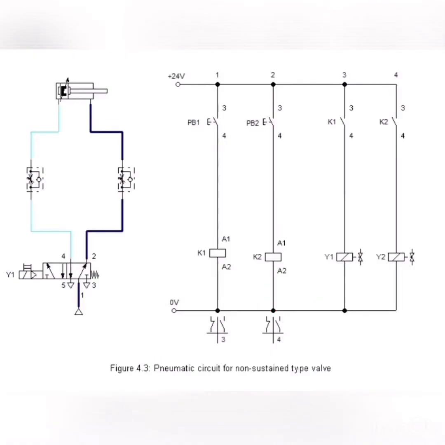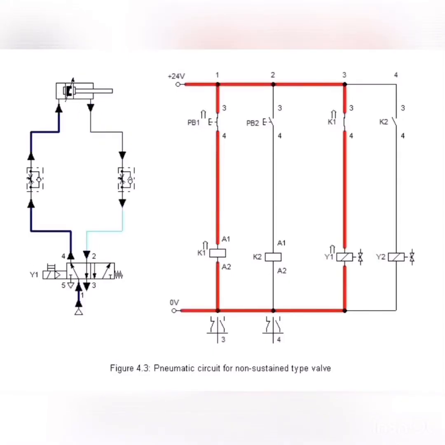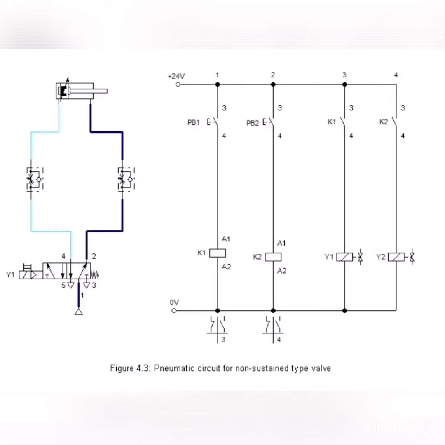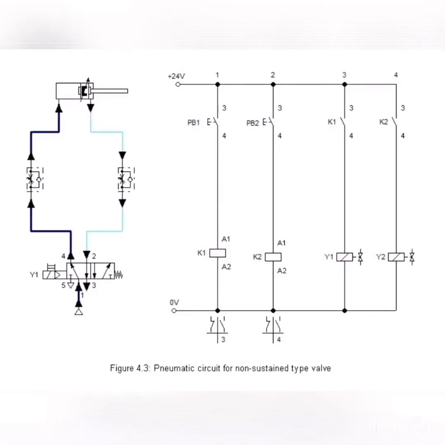When PB1 is pressed, the compressed air supply flows from the compressor to the 5-2-way valve when the simulation is in run mode. When PB1 is pressed, the actuator block will change its direction from right to left and it will make the cylinder A extend.